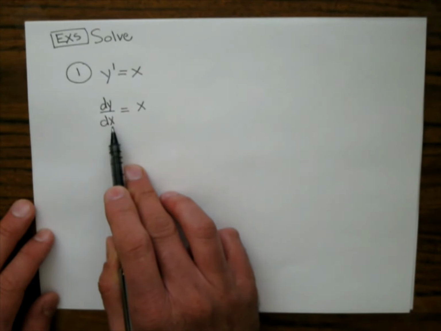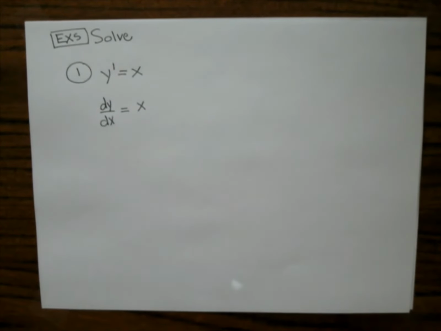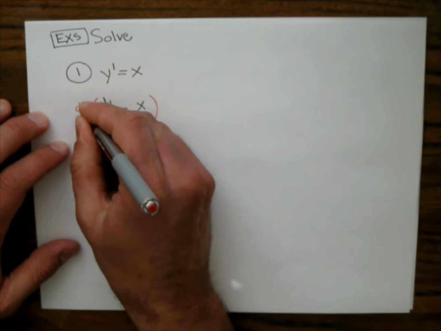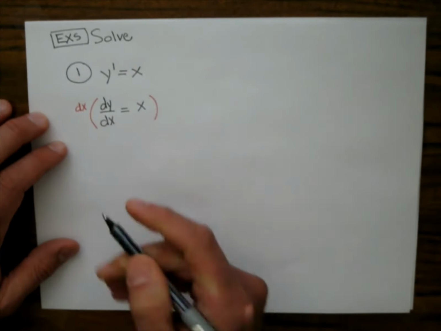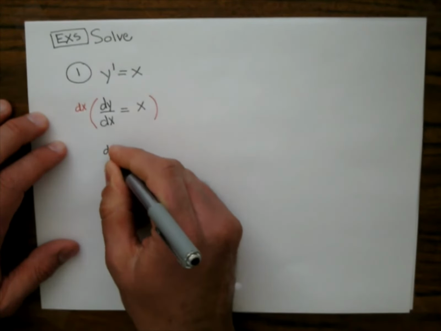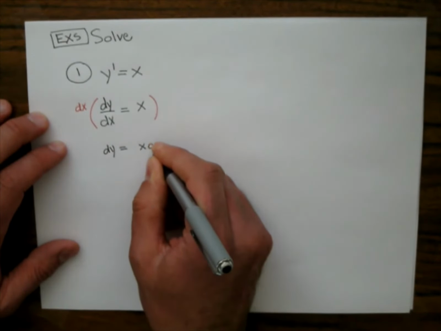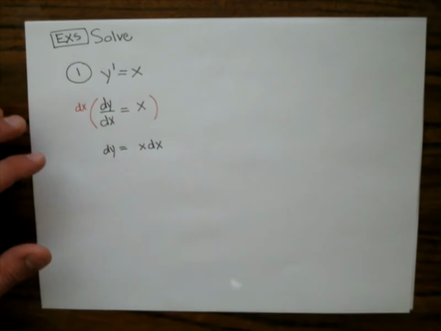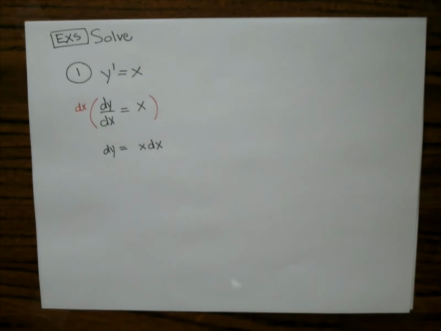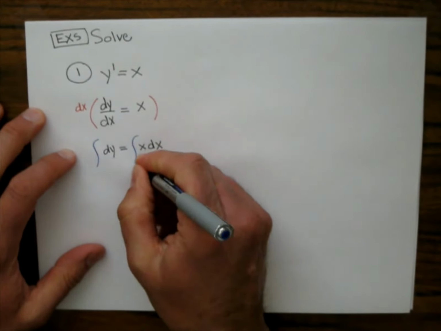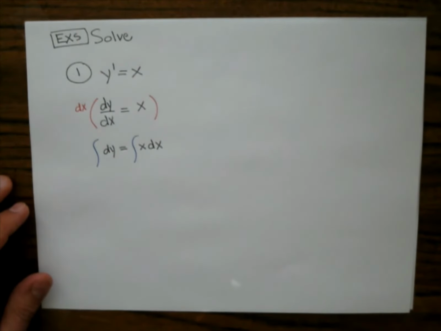So when I do that, I'm going to multiply both sides of that equation by dx. When I do that, I end up getting dy equals x dx. The next thing that I want to do is integrate both sides of that equation.